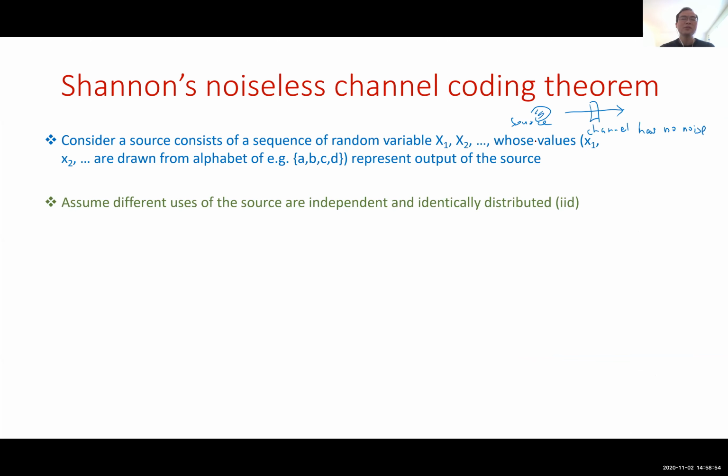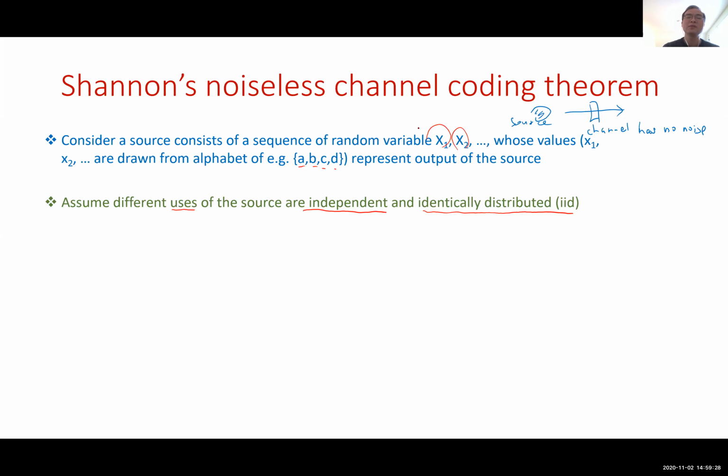And there's also an assumption, which may not necessarily hold in practical situations. There should be more that needs to be added to modify this. But we're going to assume different uses of the source are independent, like A, B, C, D. These are identically distributed. So x1, x2, they follow the same distribution.